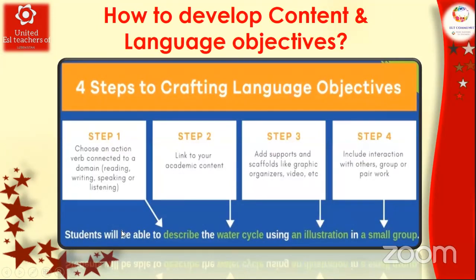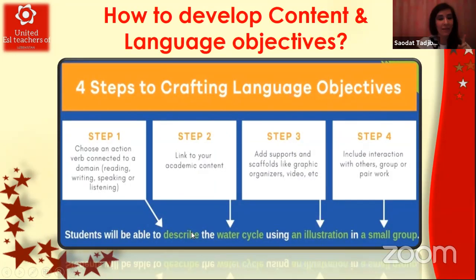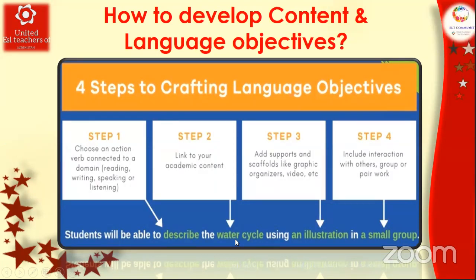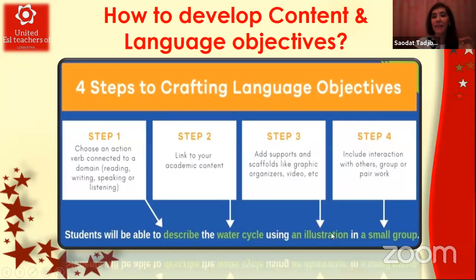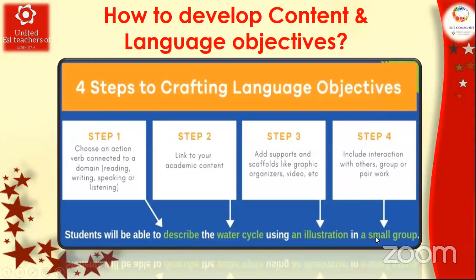Students will be able to describe. No, explain. You chose explain. Explain what? The global warming using a diagram. Individually or with peers? Maybe in pairs.